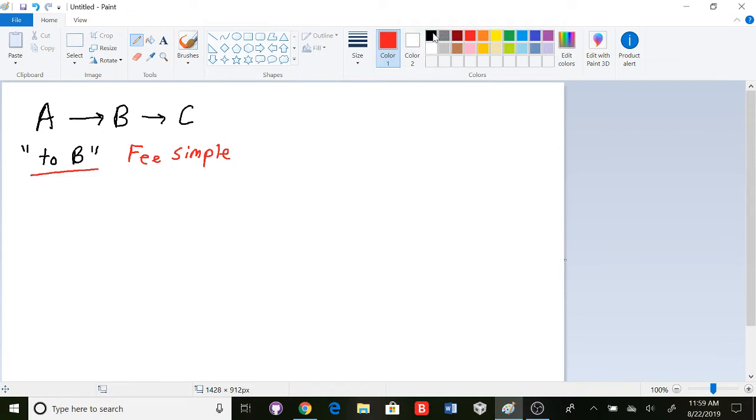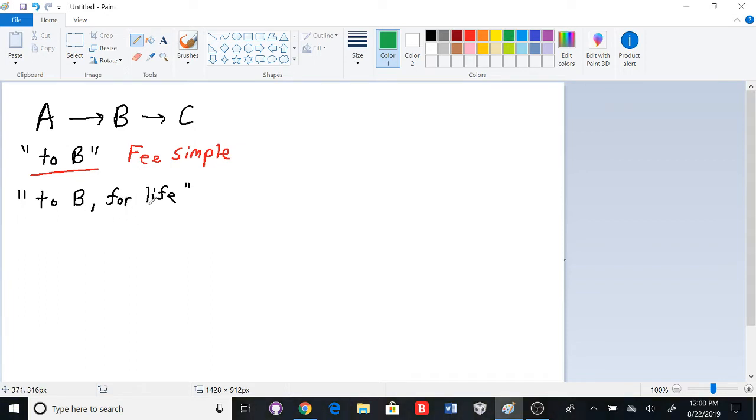Well, what's an example of limiting language? Well, limiting language would be something like this. To B, comma, for life. Now, I added the comma just for the sake of visualization. It may not be there in real life, in application.